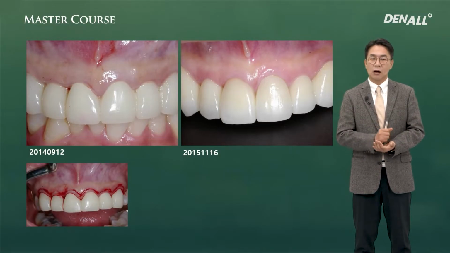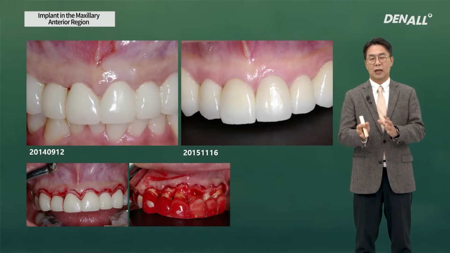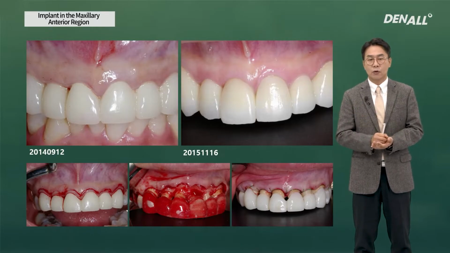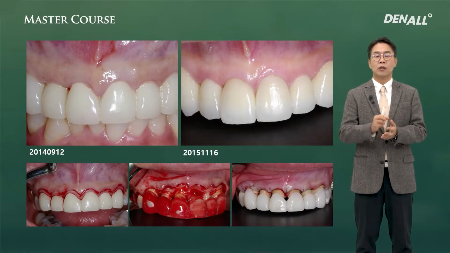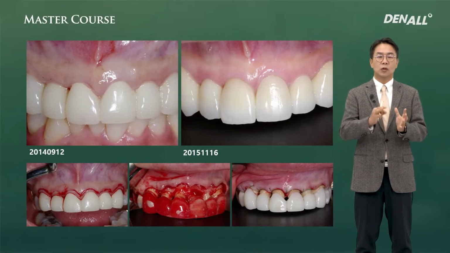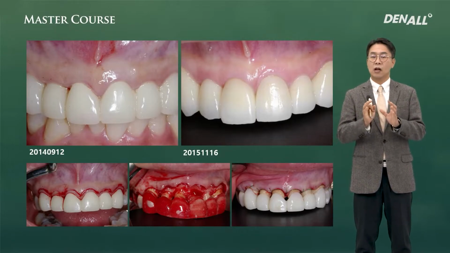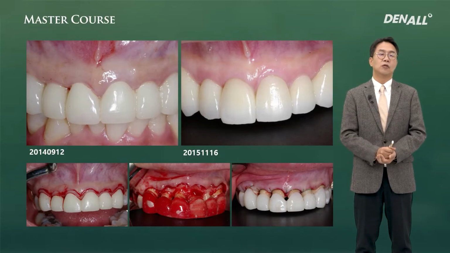Here, crown lengthening is done, and the gingiva is cut off as desired. Bone contour is controlled. If you look closely, something is on the teeth. That means something will be made if the size of teeth comes like this. So using the template, we are controlling the soft tissue as well as the hard tissue.